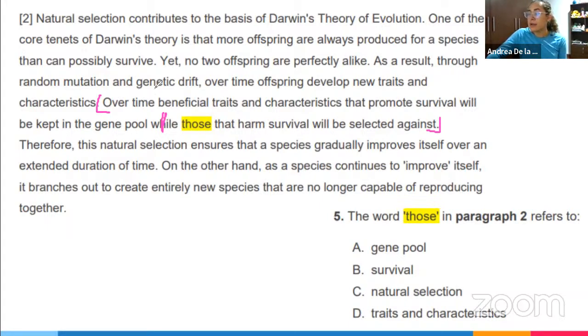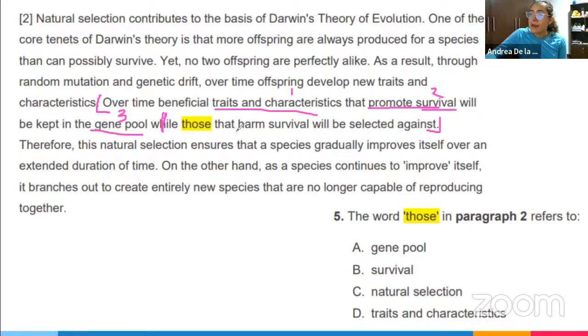Now, if you look at the nouns in this sentence, the only nouns we have are traits and characteristics, that's one. Survival is another. Gene pool is another one. Those are the nouns. So look at the parallel structure. The ones that promote survival are kept in the gene pool.